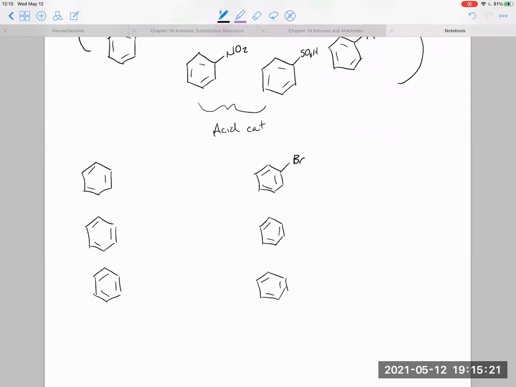So let's see if we can remember what the electrophilic species in each of these reactions would be. Actually, let's do chlorine, because that's the one that's similar to a lot of the other ones, right? So first the catalyst is going to change our electrophile into a particular electrophilic species that's going to be attacked by the benzene. Let's see if we can remember what that would look like in these three cases.